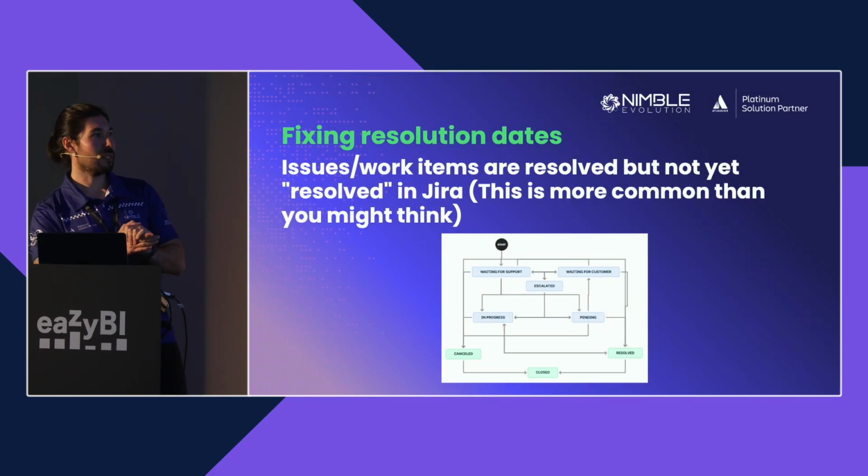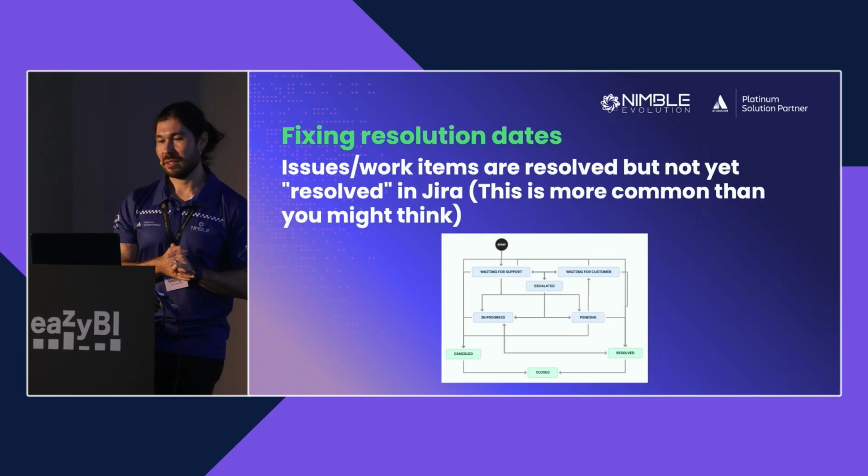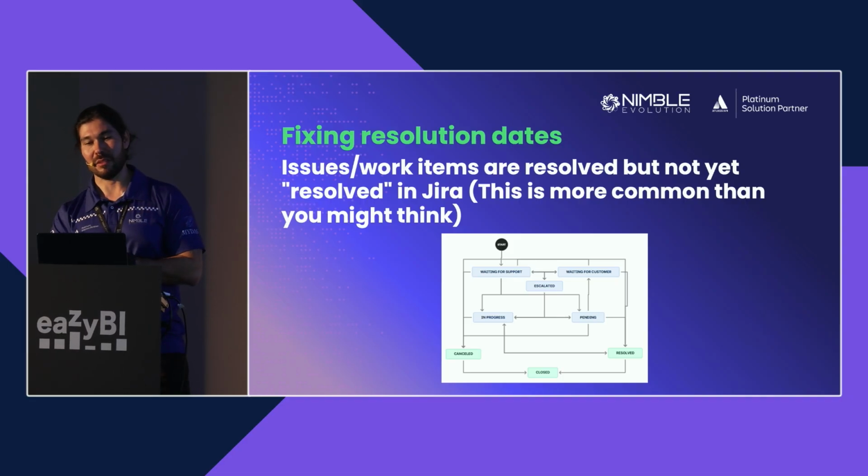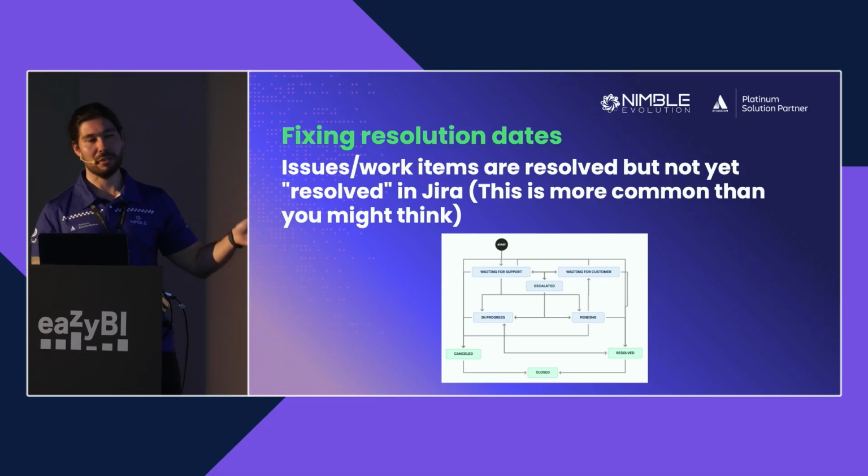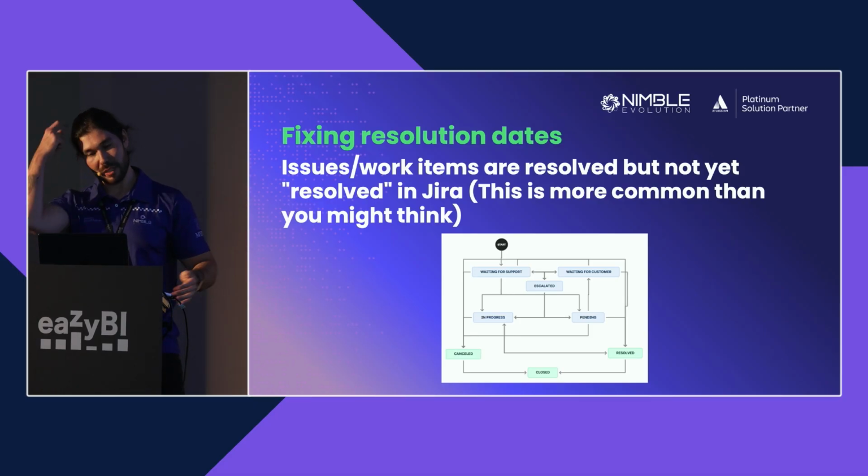Also, another case that is quite common is on Jira, resolved items that do not have the resolution set. This is still common. The Jira default workflows manage that, but if you customize them, it is quite easy to forget to set a resolution or to ask for a resolution from your Jira users.